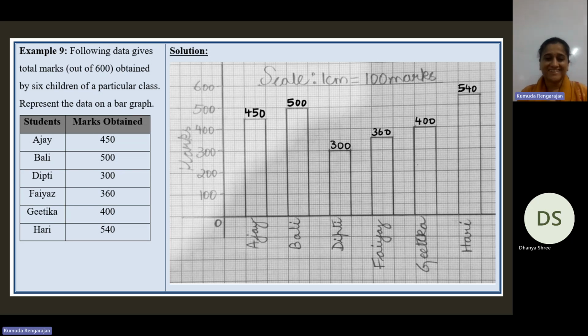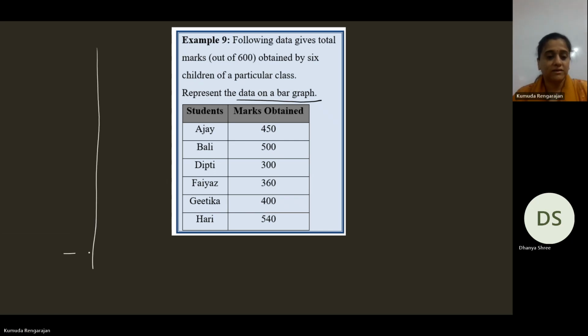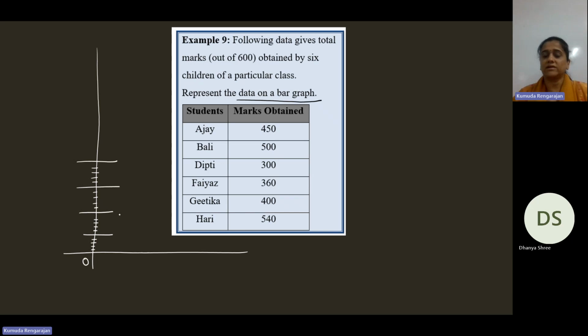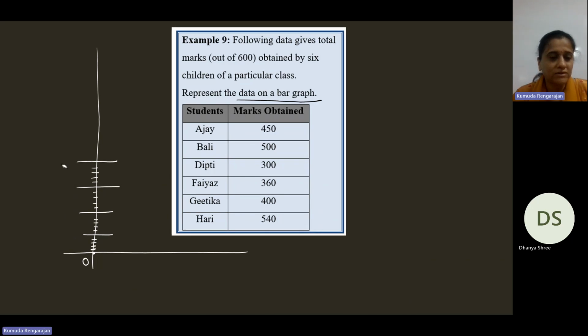So for 50, if you take the scale as 50, 0, 1, 2, 3, 4, 5, 6, 7, 8, 9, 10. It goes on like that. If you mark this as 50, 100, 150, and 200, then... sorry, I marked this in the wrong place.